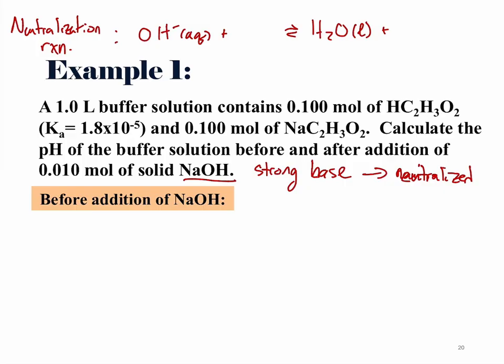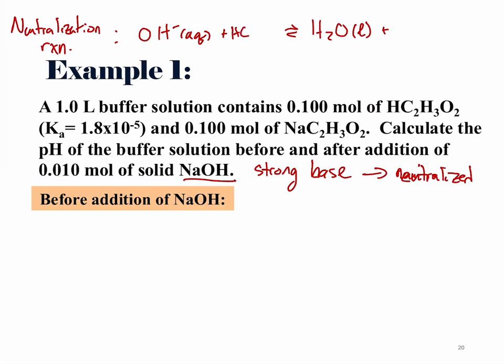Which one is that going to react with, acetic acid or acetate? Acetic acid, right? Because we need to gain a proton to become water. The only way we gain a proton is from something that donates it. The weak acid is what donates the proton.